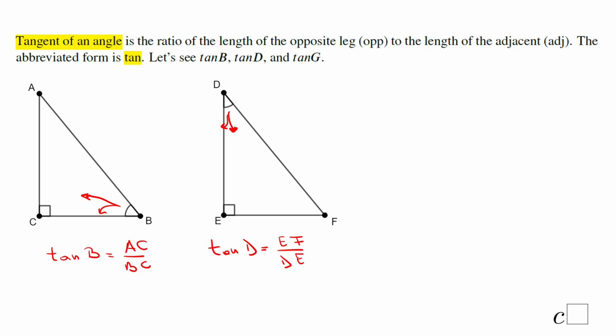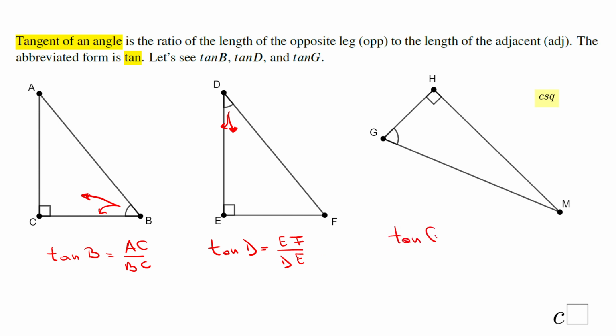And the last triangle will be the tangent of G here. Tangent of G, opposite leg, HM, over the adjacent leg, GH.